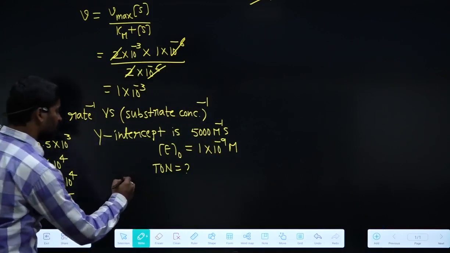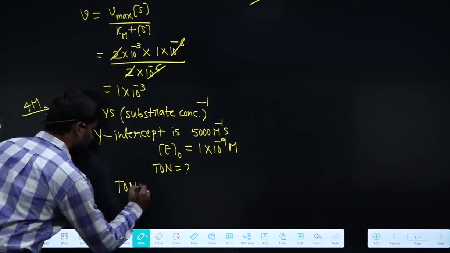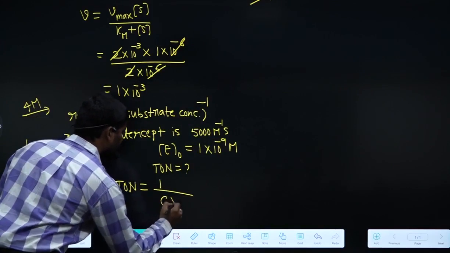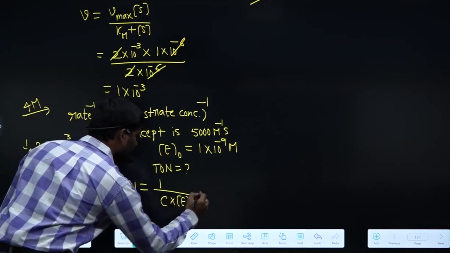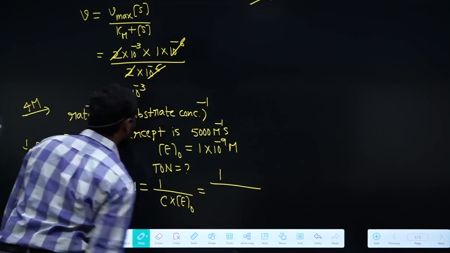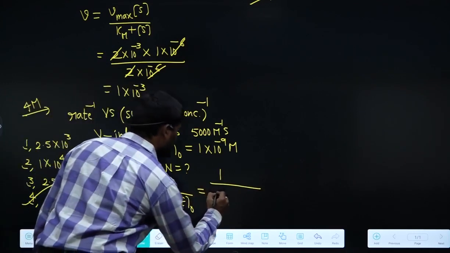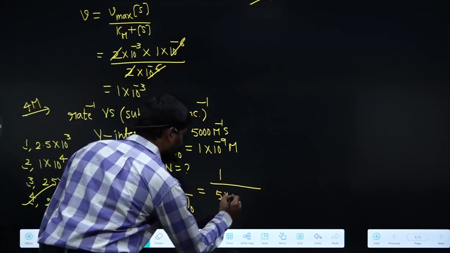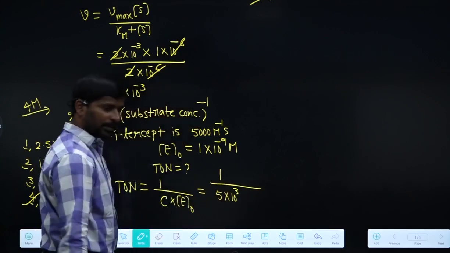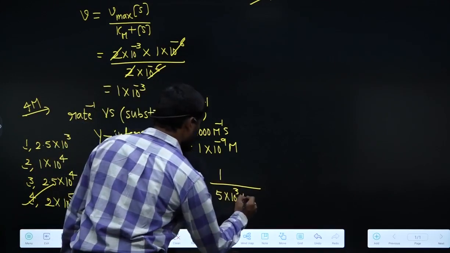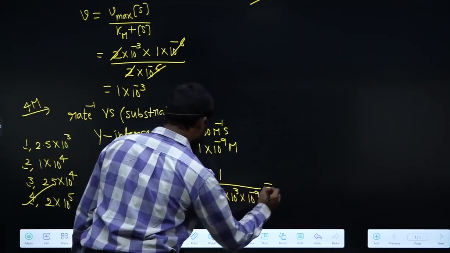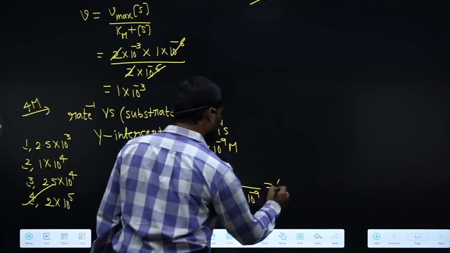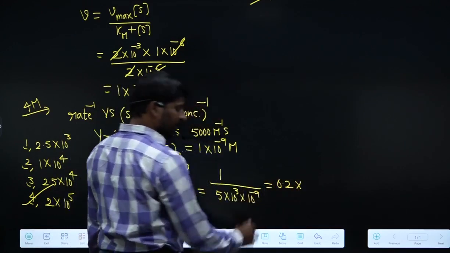Turnover number is nothing but what? 1 by intercept into initial concentration of enzyme. 1 by intercept, given 5000. We can write 5000, 5 into 10 power 3 into E naught, that is 10 power minus 9. 1 by 5 means 0.2. 3 minus 9 is minus 6.